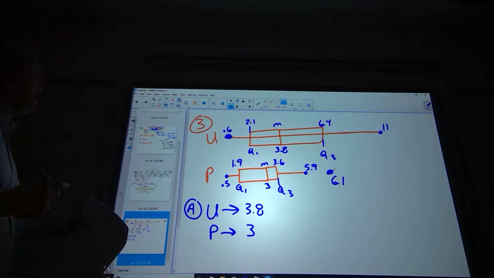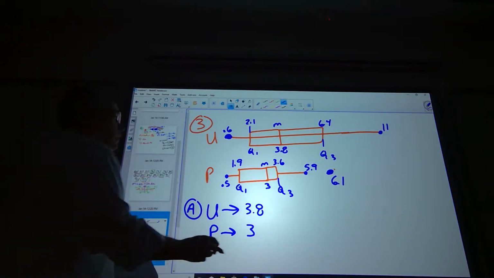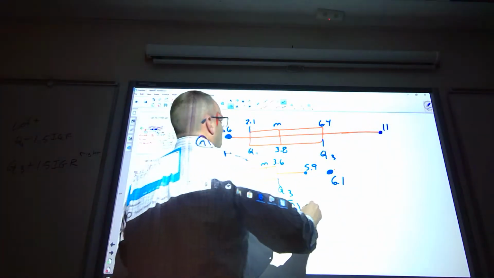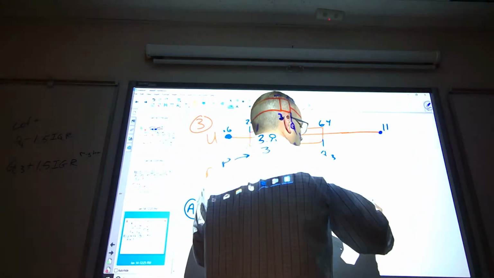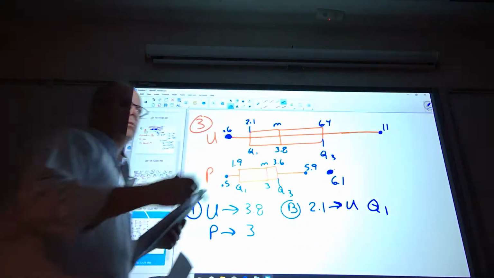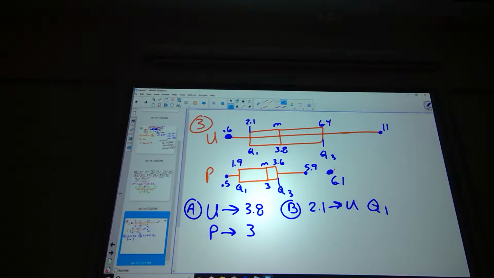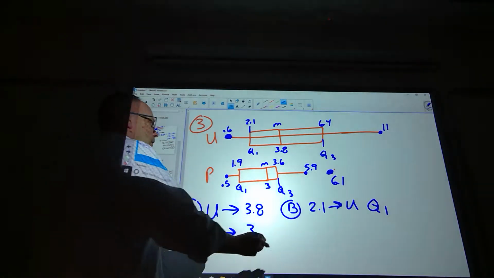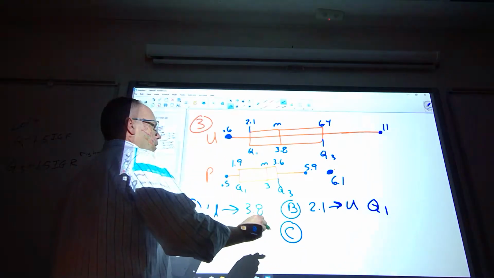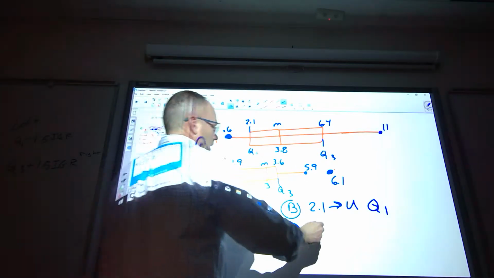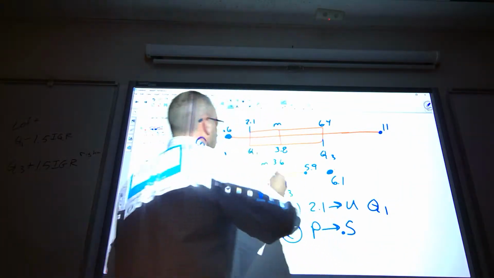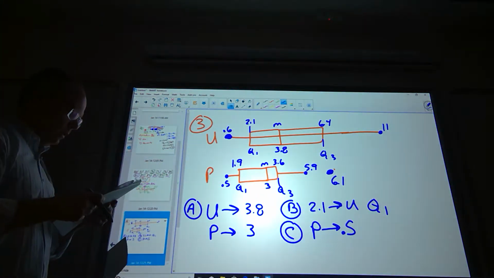Which group had a higher Q1? Group 1, the unpleasant. So the 2.1 for the unpleasant, that was a higher Q1 value. That's exactly right. Which group had the lowest value? Pleasant. Yes, the pleasant had the lowest value, and the lowest value I said was about 0.5 because it's further to the left.